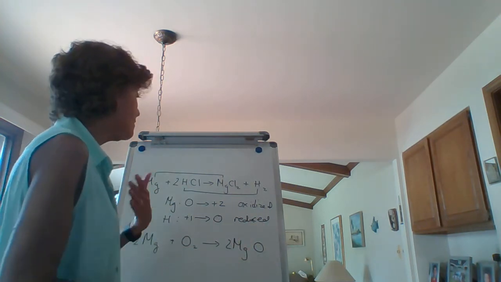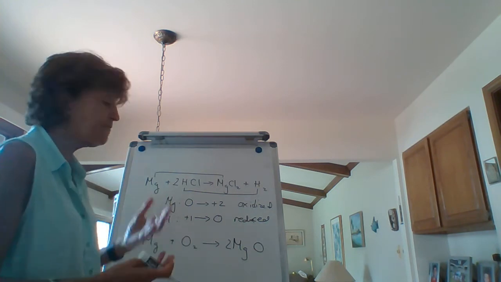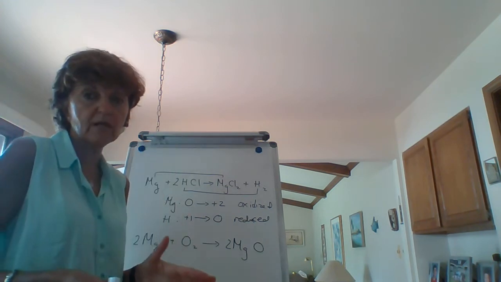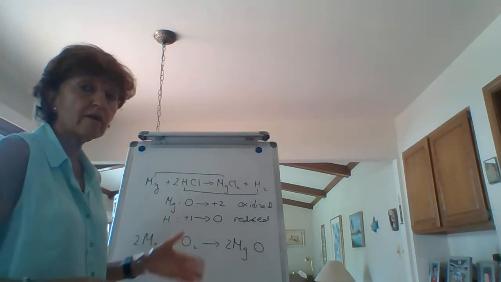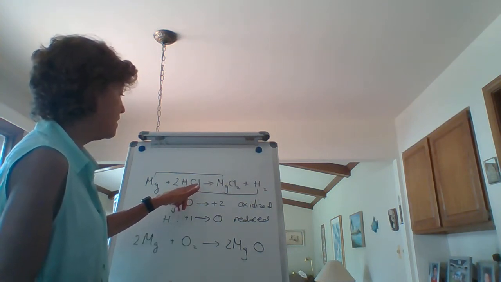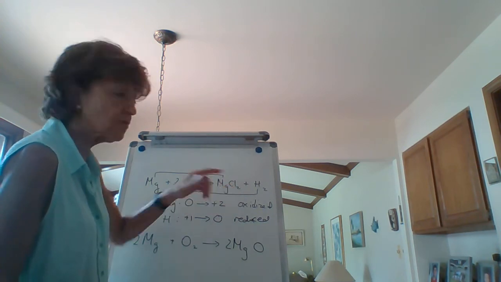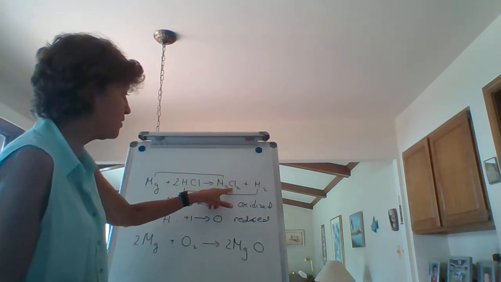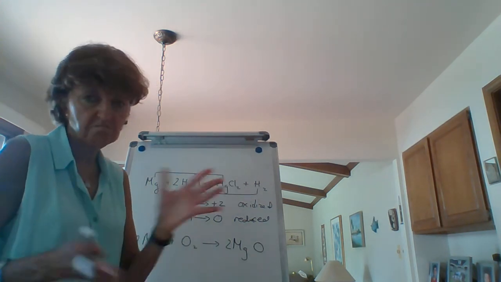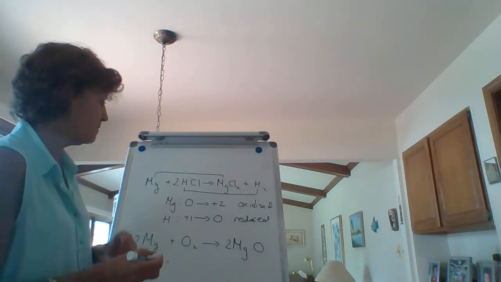Now, students will ask me, what about the chlorine? Once I've found the element that got oxidized and the element that got reduced, I can stop, because the others are not doing much of anything. Each chlorine is -1, so -1 becomes -1, nothing has happened to it. So I'm just focused on these two.